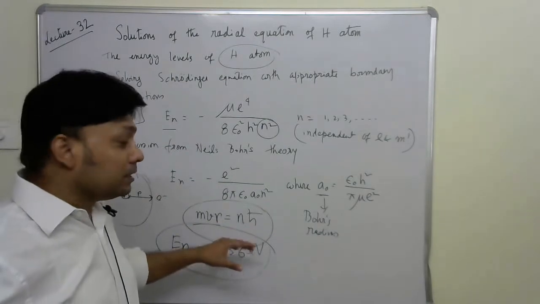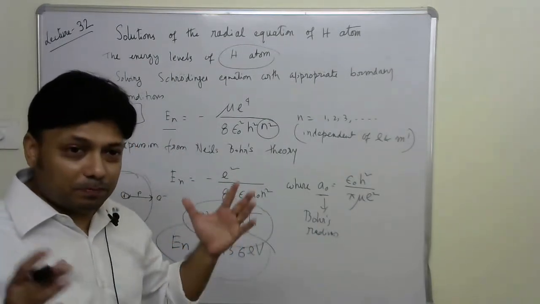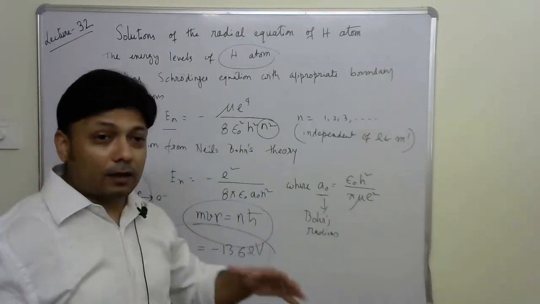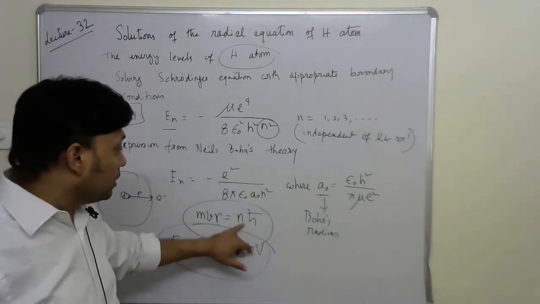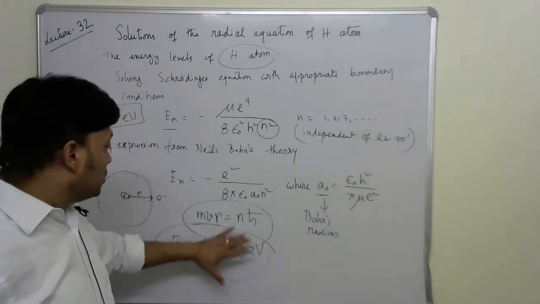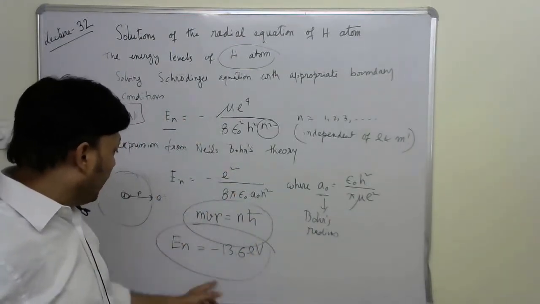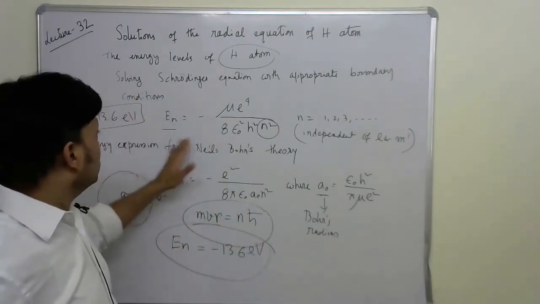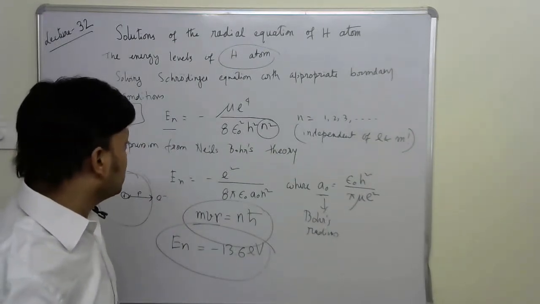It is due to his genius and his magnanimous scientific vision that he was able to introduce such a radical concept, so that finally the experimental value came out to be exactly identical with the value derived from quantum mechanics.